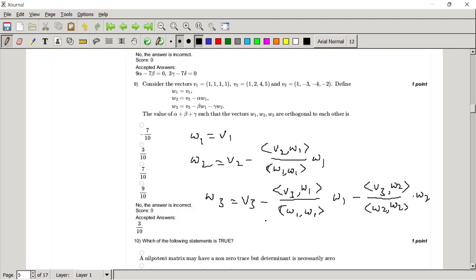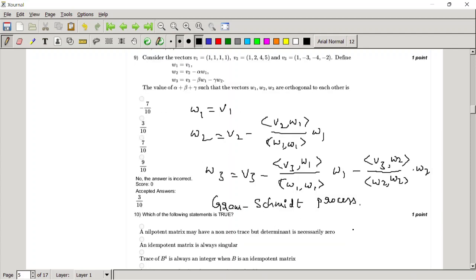This is directly from the Gram-Schmidt theorem. You can say Gram-Schmidt process also. This is the spelling, S-C-H-M-I-D-T. By these equalities, we can directly calculate the values of alpha, beta, gamma, and then the sum of them. We will get the answer.